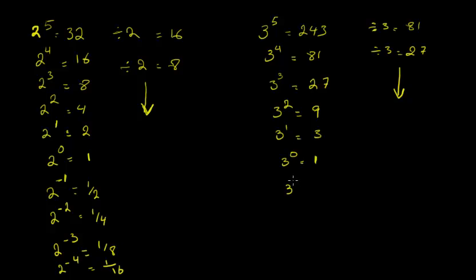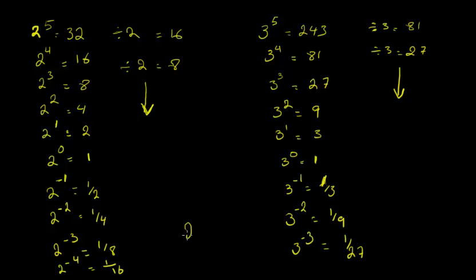So 3 to the power of minus 1 is 1/3. 3 raised to the minus 2 is 1/9. 3 raised to minus 3 is 1/27.